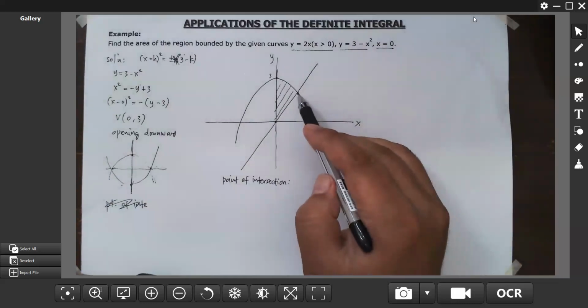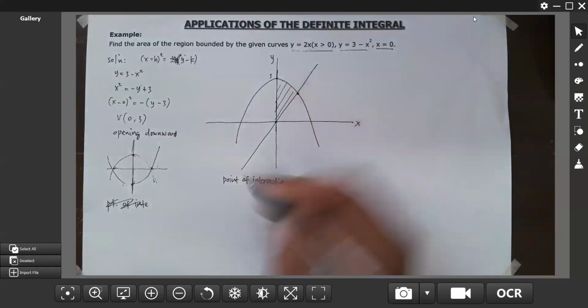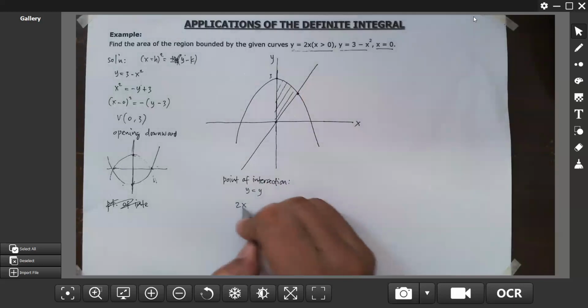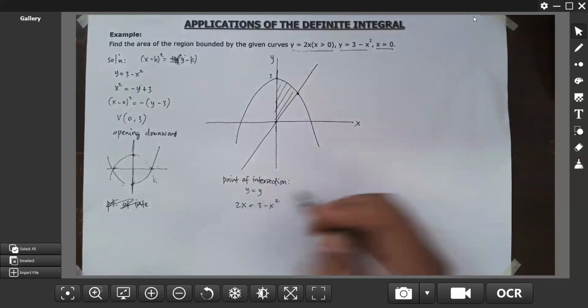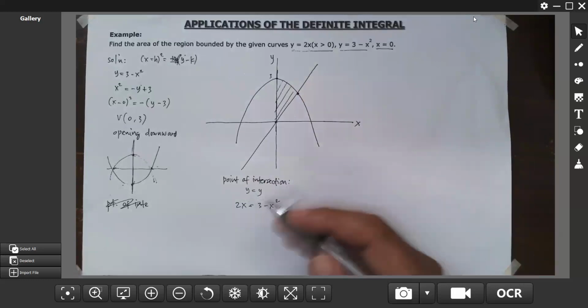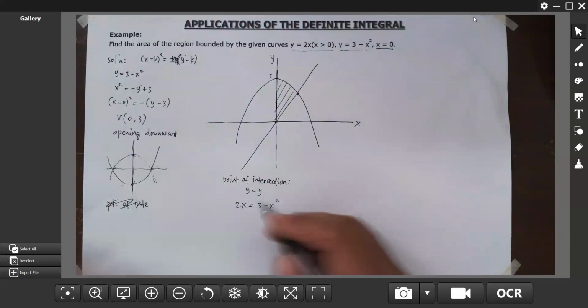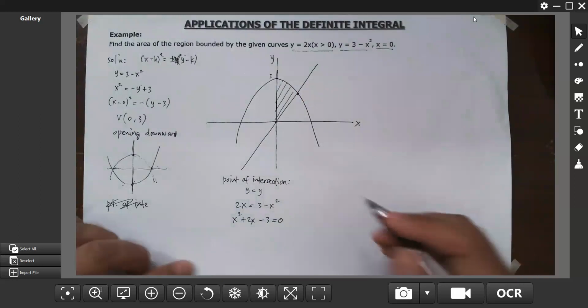Parabola equals line, so let's equate y. You have 2x equals 3 minus x squared. If we rearrange, we have x squared plus 2x minus 3 equal to 0.